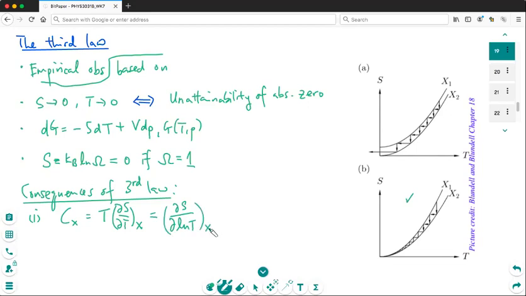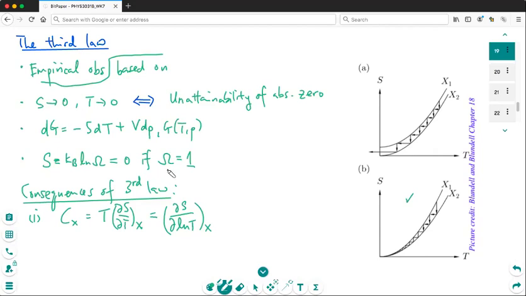Whatever the x, which means whatever the process, at zero temperature limit, entropy cannot change. So whether you are traveling along x1 or x2, it doesn't matter. You have no change in the entropy at the zero temperature limit.